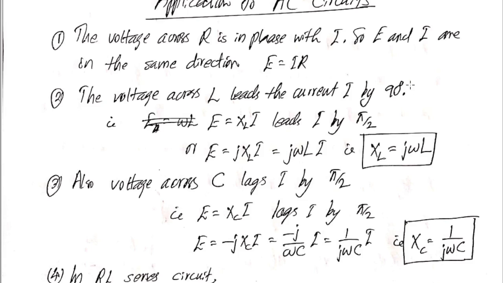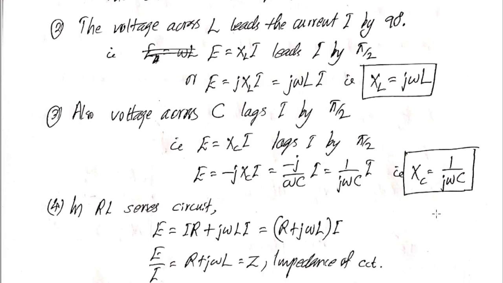So in short, we can say that resistance is a real quantity. That is, in the impedance of AC circuits, the resistance part is real, and the capacitive and inductive parts are imaginary.